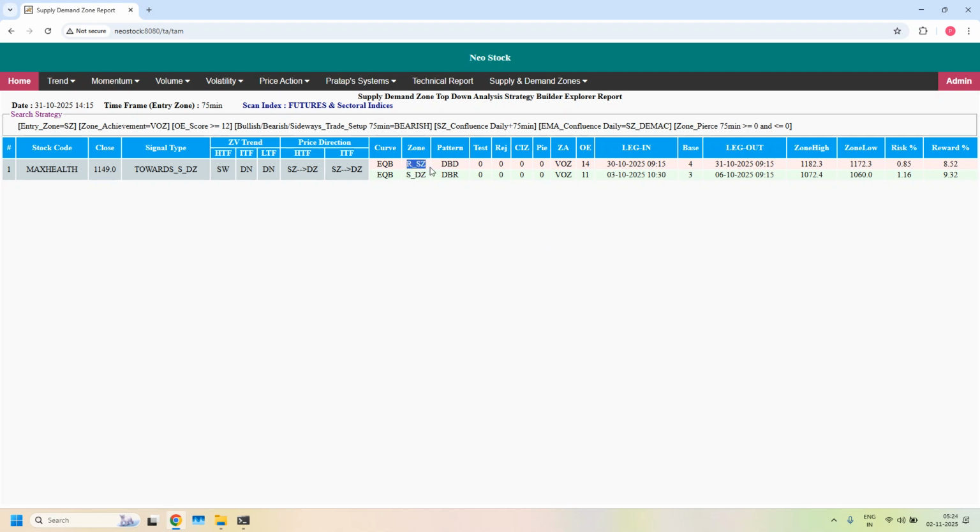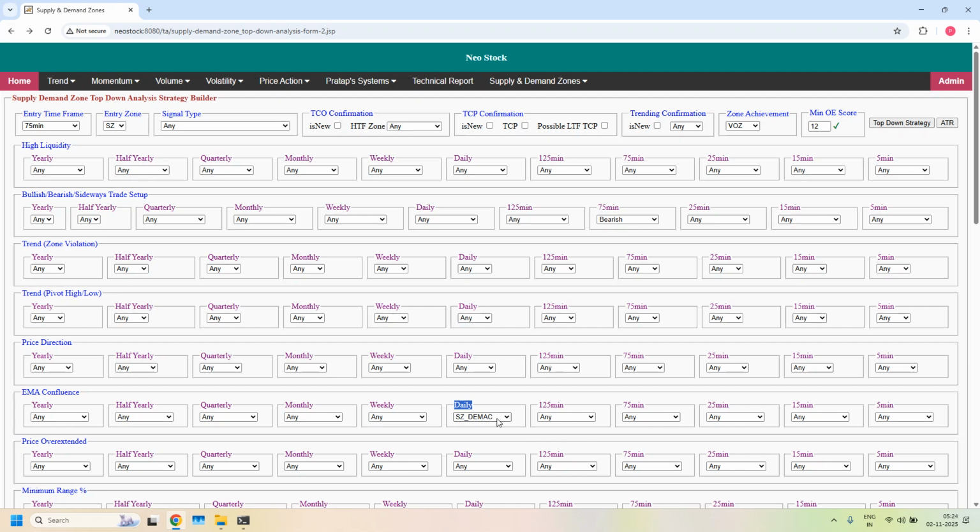So this 75 minute supply zone might be having more high probability to get success. So this is bearish trade setup as per the first strategy for weekly income trade.